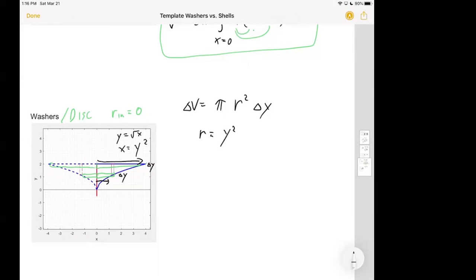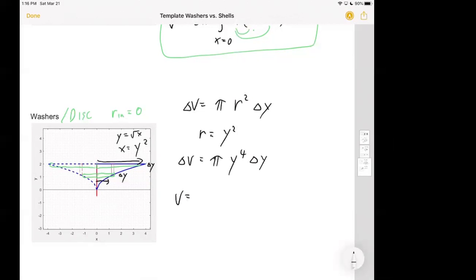So the outer radius is y squared. So when we look at this, delta V is equal to pi times r squared. Now be careful, r is y squared, so that will be y to the fourth times delta y.